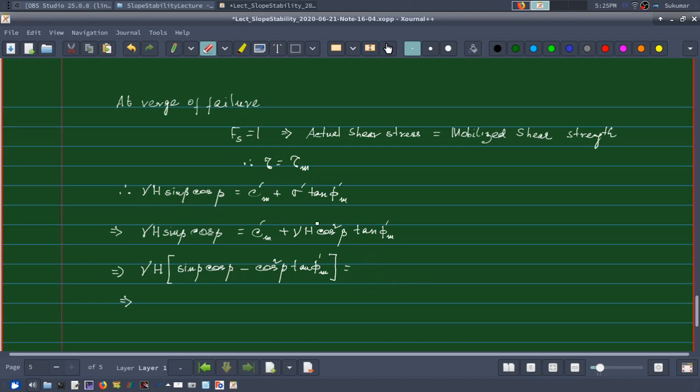This will be only c dash m, and therefore I will have c dash m by gamma h will be this value, and I'll take cos square beta common, then I will get sin beta by cos beta, so tan beta minus tan phi m. Alright.